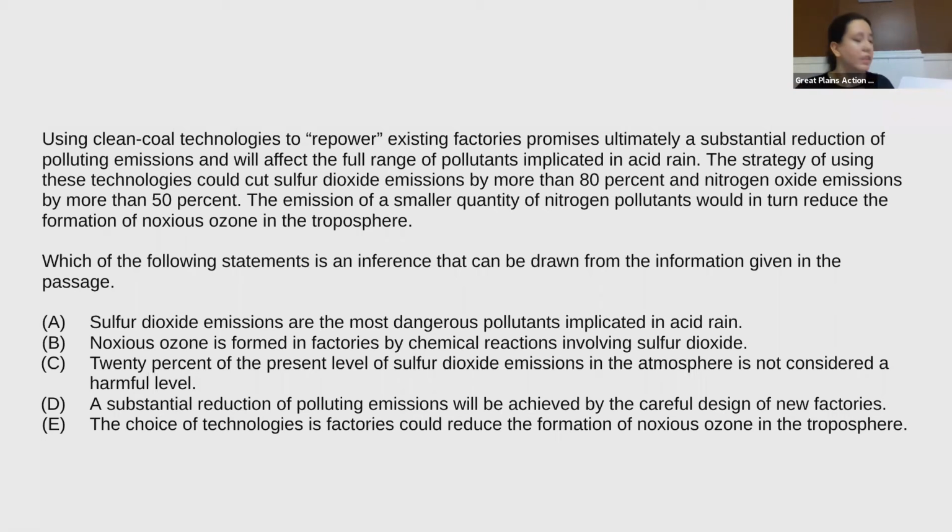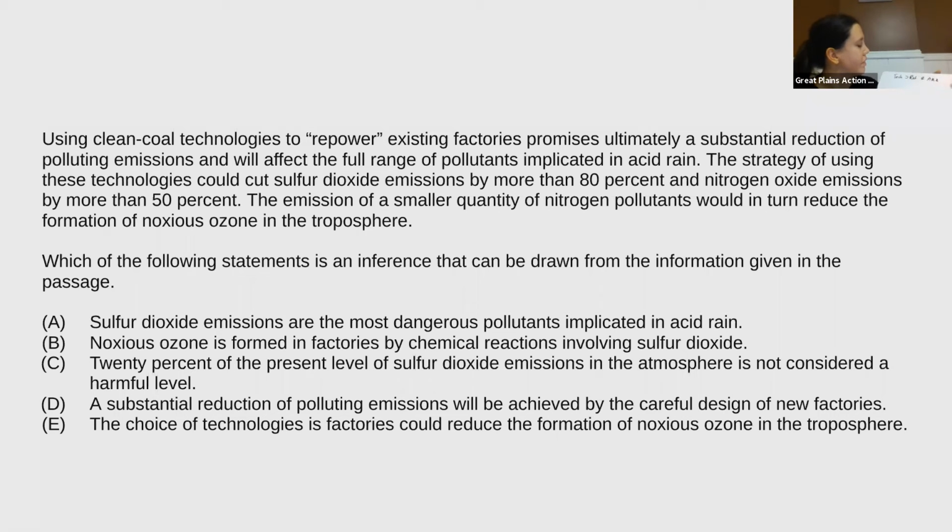So if this technology is used, then we're going to get a reduction of emissions and it will affect the full range of pollutants implicated in acid rain and acid rain reduction. I'm not using the proper logical form right now. I'm just trying to get the information down, and sometimes that's enough to see the structure.